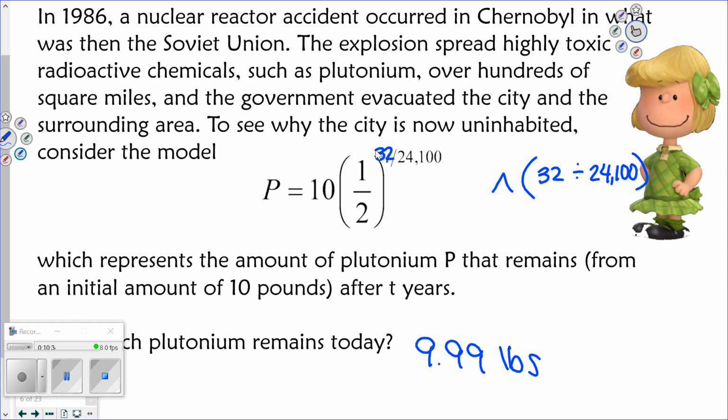It started with 10 pounds. Wait, that's an actual function? Mm-hmm. Chernobyl. That city is uninhabited because it's been 32 years and there's still almost the same amount of plutonium still in the air.